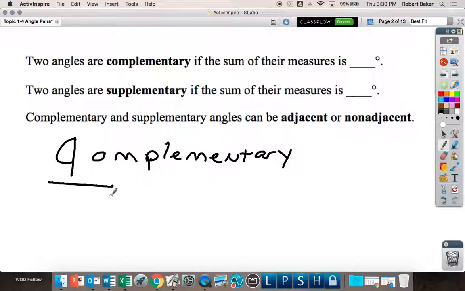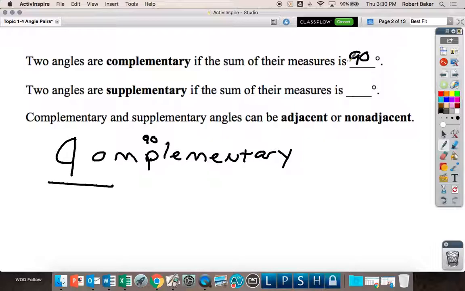How many degrees do complementary angles add up to? 90. Pretty cool, huh? Some people like to say that the P's look like 9s, so you could say complementary is 90. So complementary angles, then we're talking about angle pairs.